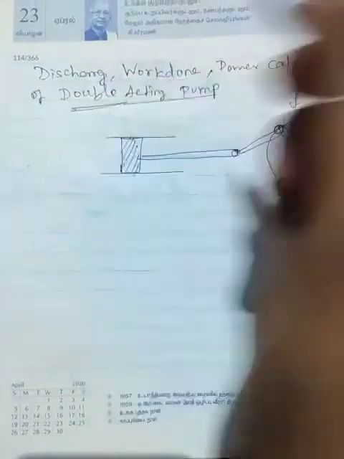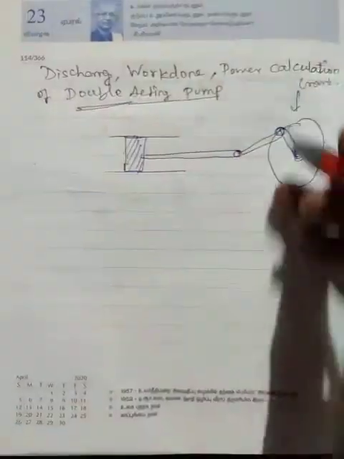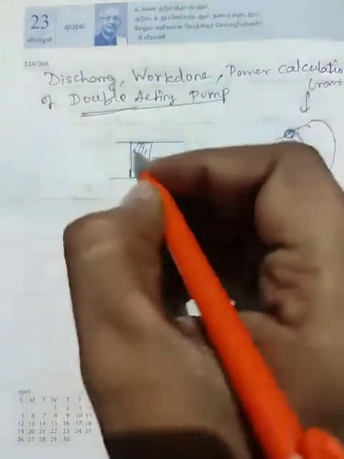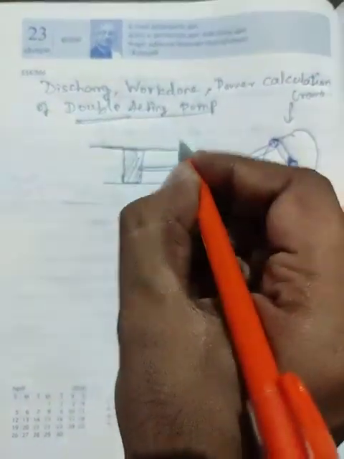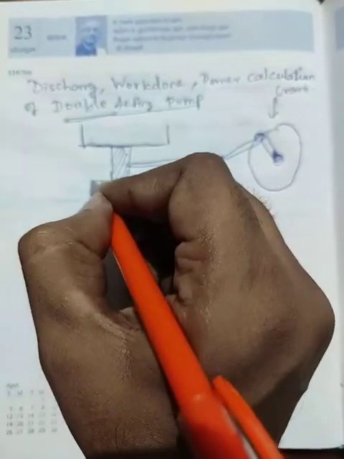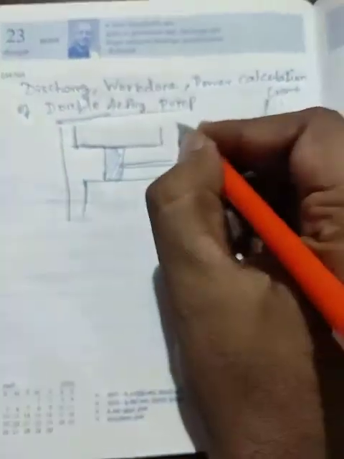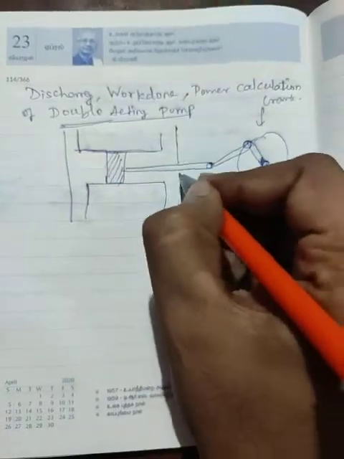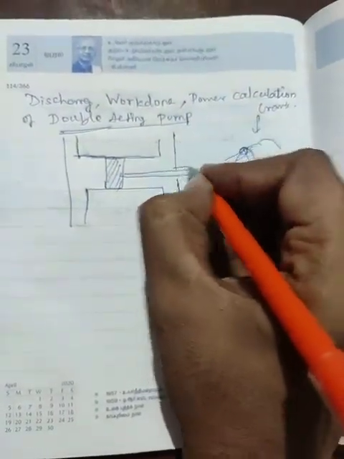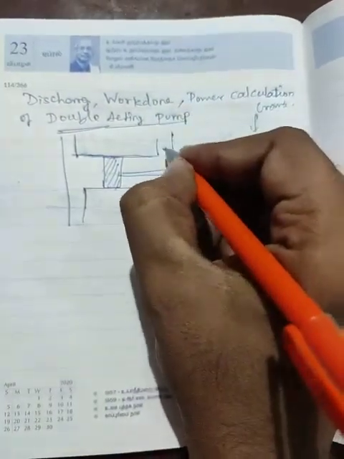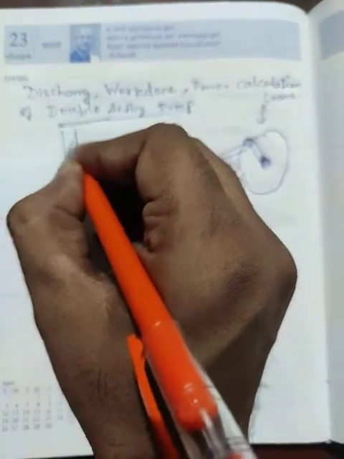Here we are going to discuss the discharge, work done and power calculation of the double acting pump. In the previous section we saw the single acting pump, but now we see the double acting pump.